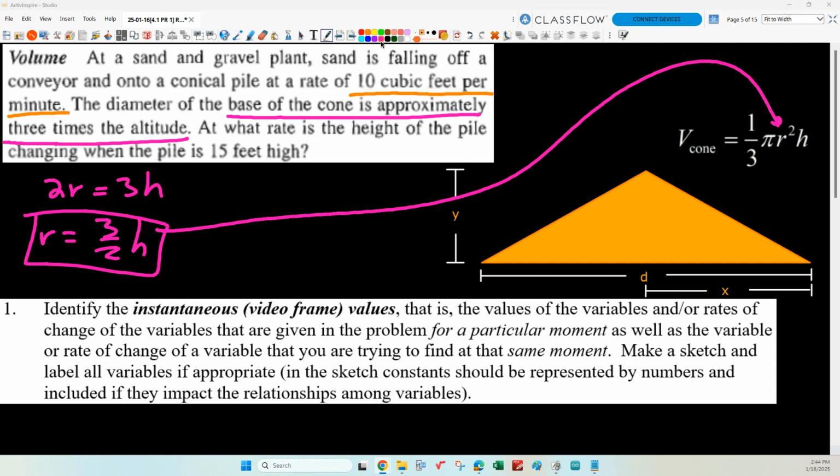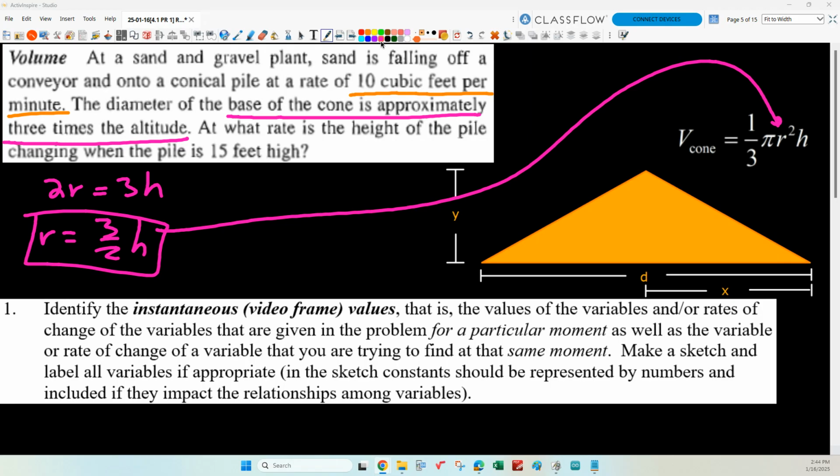Then I'm going to have volume as a function of h only, and so this is going to be a much easier derivative to do. It's not going to be product rule. See the benefit there? Do we plug in 15 for each also? Can we plug 15 in now? No, because 15 is the value at that one frame in the video, but h is changing, right?